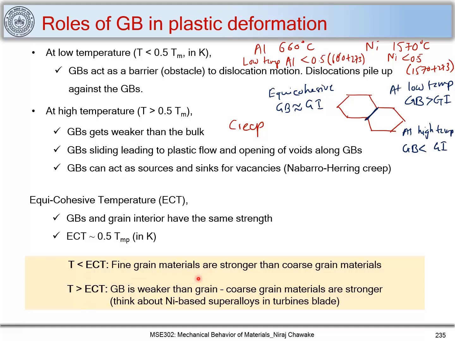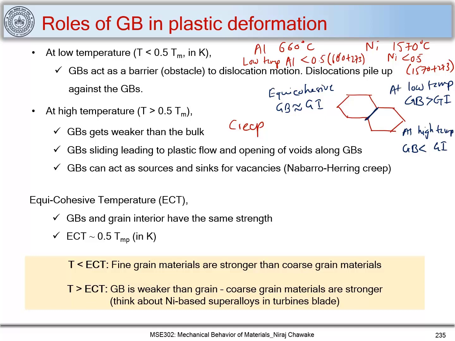For fine grain materials, when the temperature is less than the equicohesive temperature, fine grain materials are stronger than coarse grain materials. If I have a temperature greater than the equicohesive temperature, that means the grain boundary is weaker.